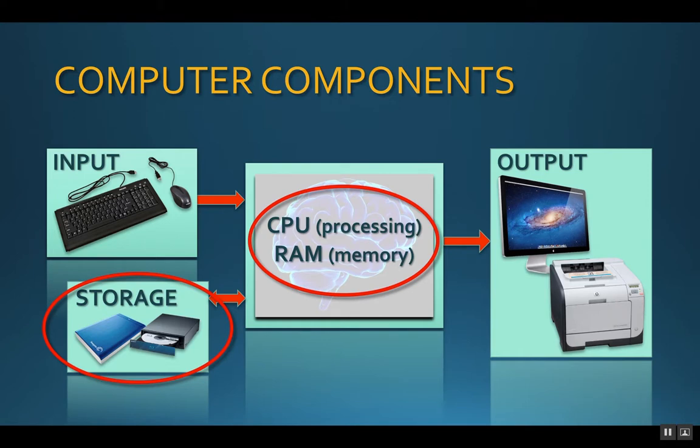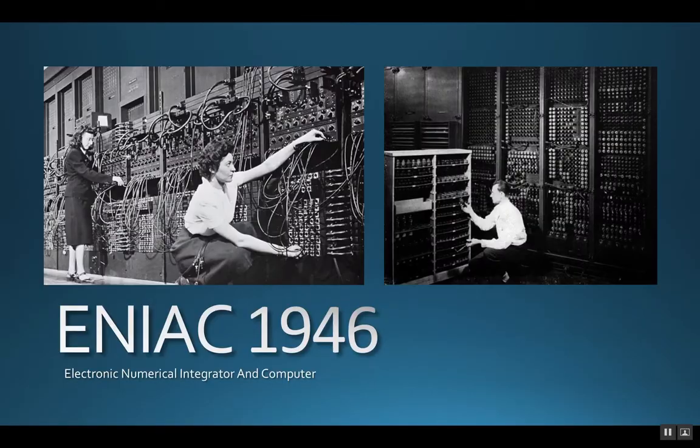And when we talk about measuring the power of these systems, we talk about how much RAM, or how much memory it stores in bytes or gigabytes. Storage space, we talk about gigabytes. Processing, we talk about speed. In other words, how many commands it can process in a second.